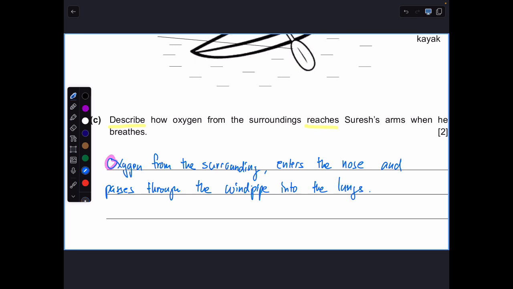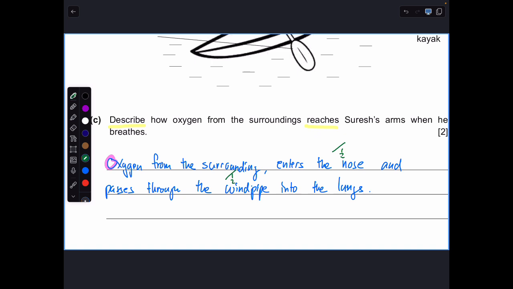Okay, so this part itself, where are my marking points? Half mark for enter the nose, half mark for passes through windpipe and into the lungs. Any part missing, you don't get the other point actually.